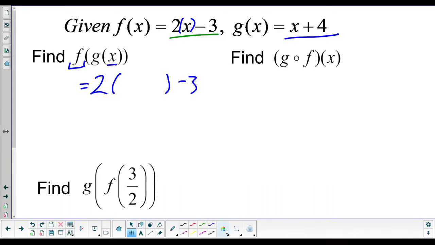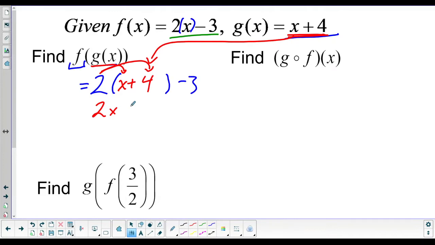Then we take the inside function and plug its expression into those parentheses. So we have x plus 4. Now we just need to simplify this. So we have a 2 on the outside of the parentheses. That means we have to distribute our 2 in. So 2 times x is 2x, and 2 times 4 is 8.